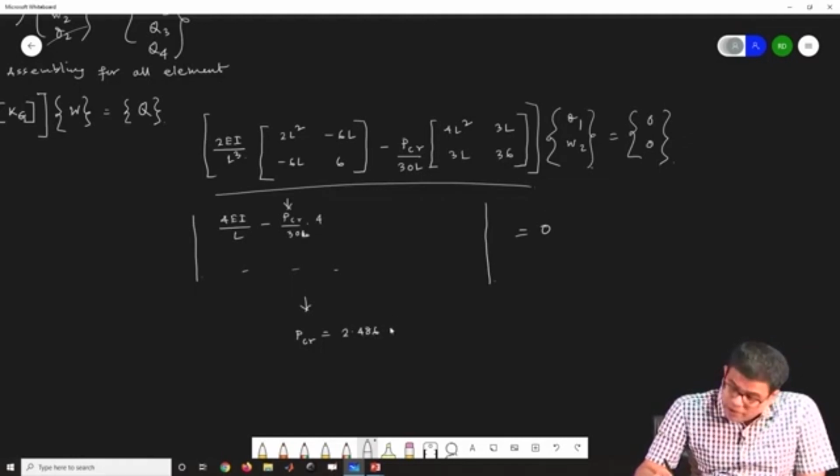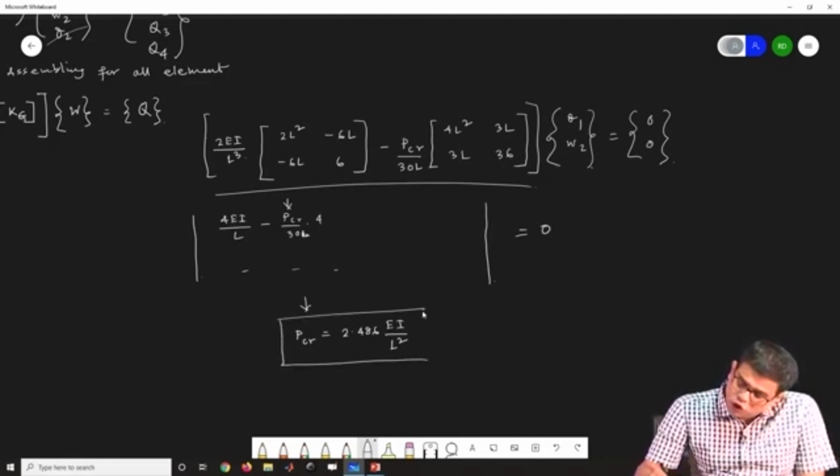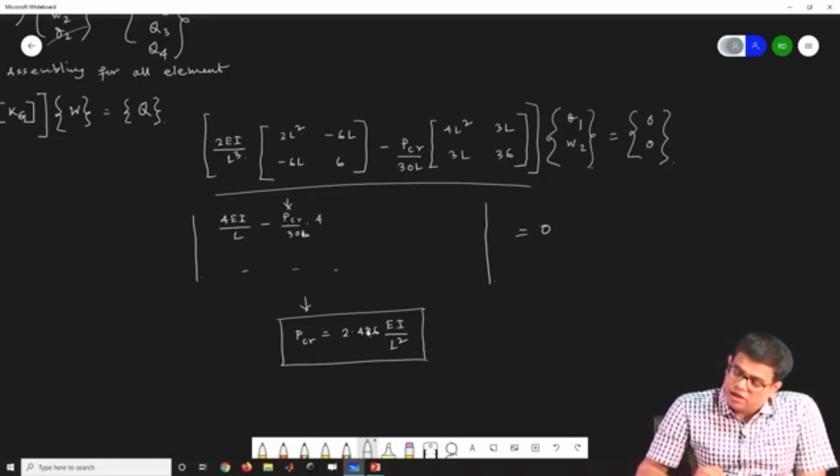EI by L squared. That is your smallest critical load. So this is a finite element solution with one element.